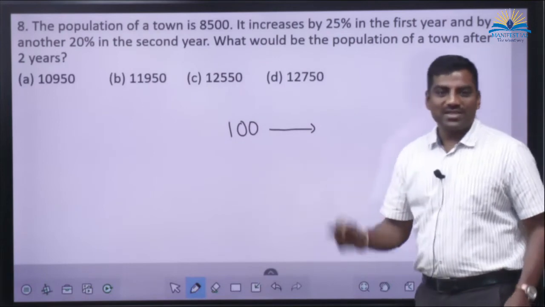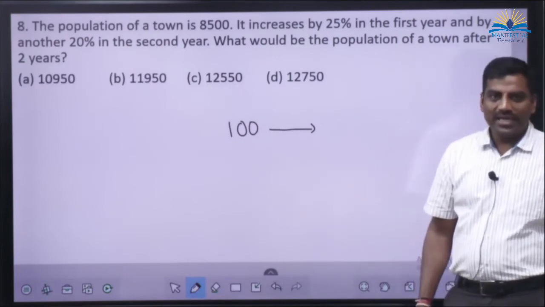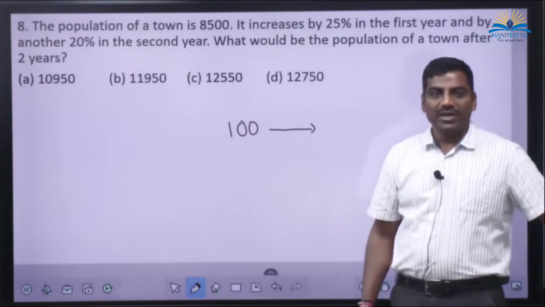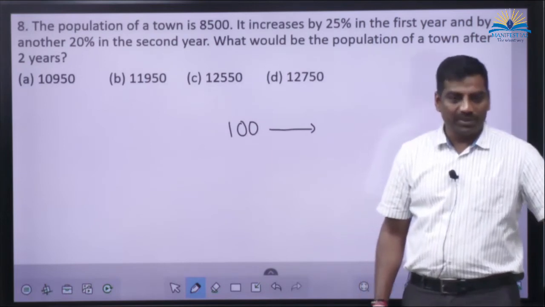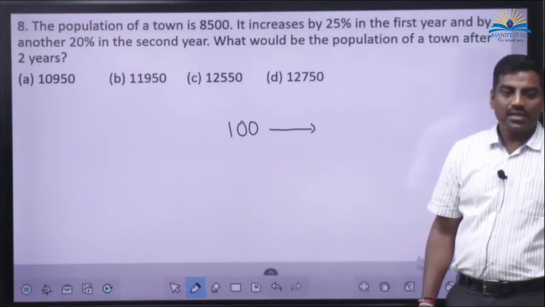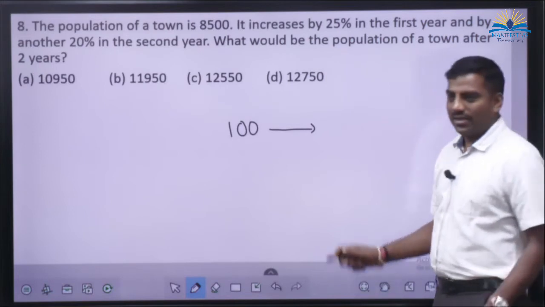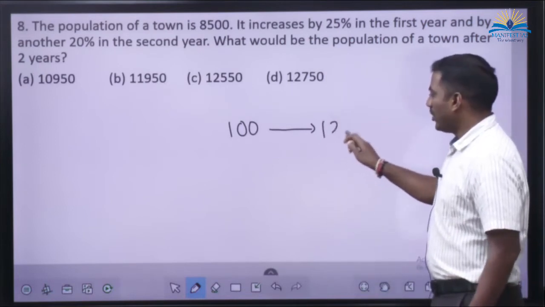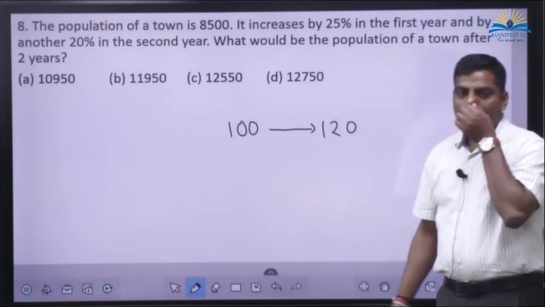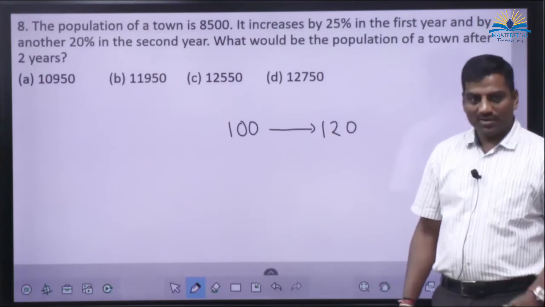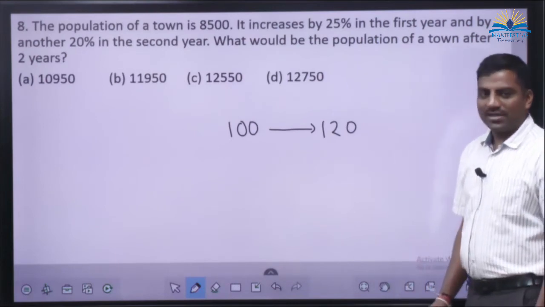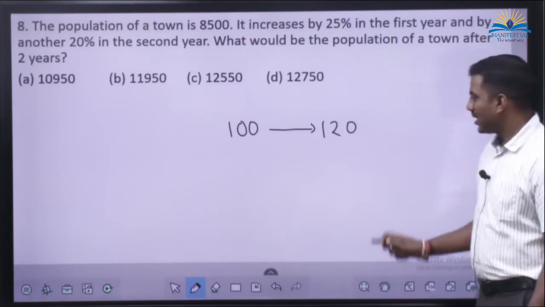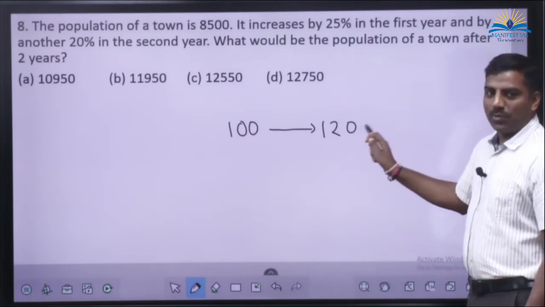If 100 was the population of the city, if it is increased by 20%, then 120, right? How do you get this? 100 plus 20. Okay. Now I'll ask one more thing. Now this is the population of the city.